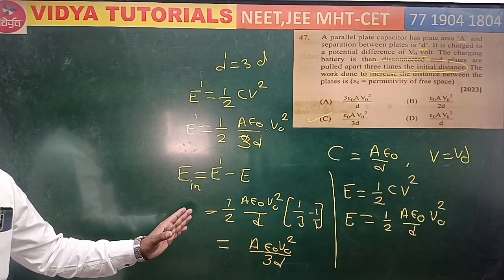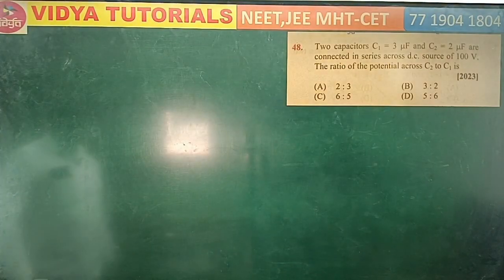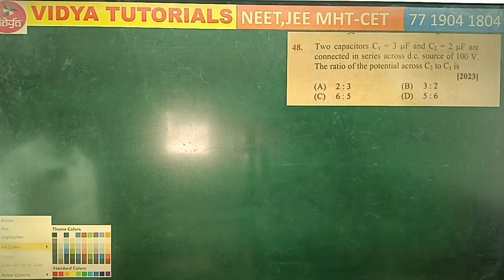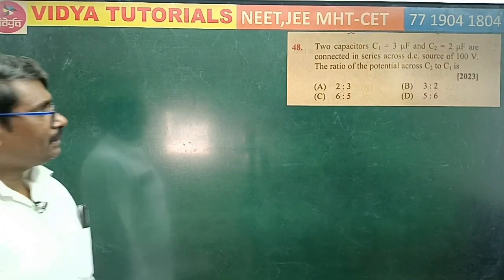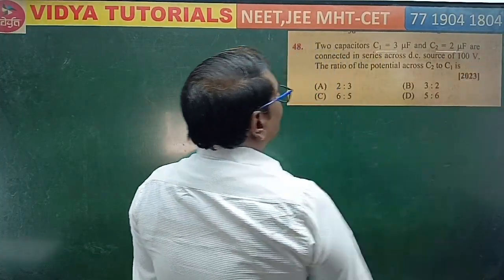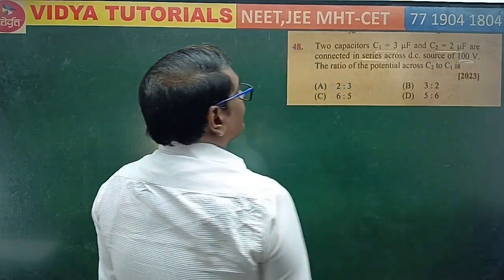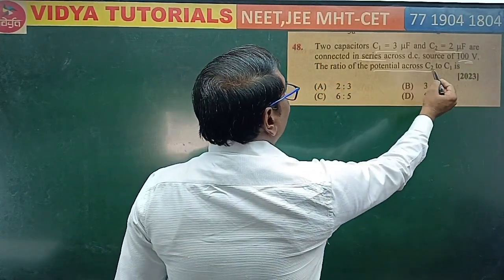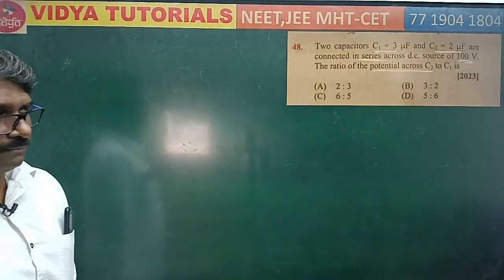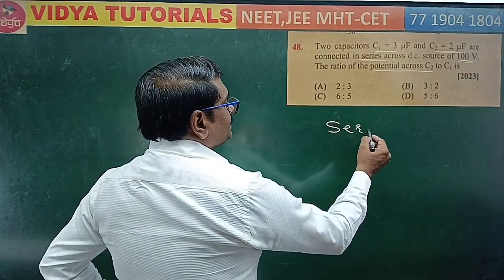Okay, you understand? Now new problem, let's see the new problem. Two capacitors, C1 is 3 micro, C2 is 2 micro, connected in series. Potential difference is 100. Ratio of the potential across C2 to C1. Now see how they are connected. They are connected in series.